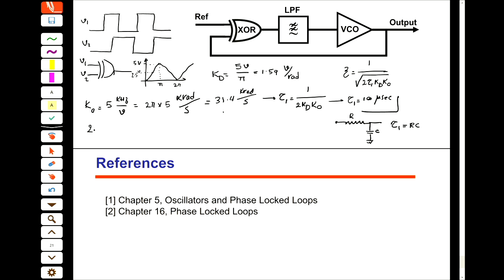So 2.5 volt of the output of the VCO equals 25 kilohertz of the frequency.